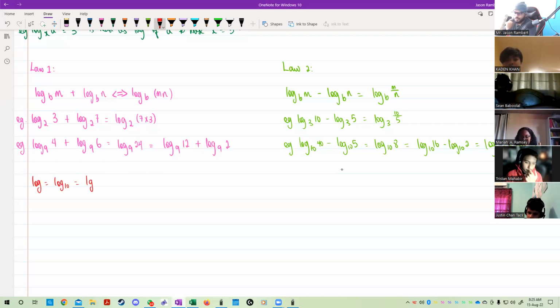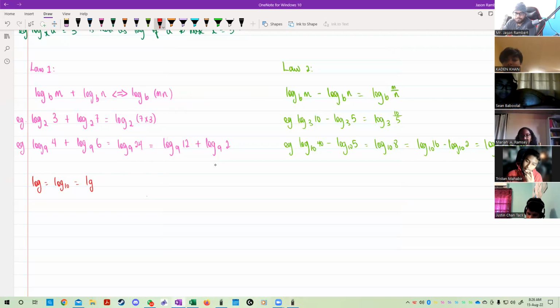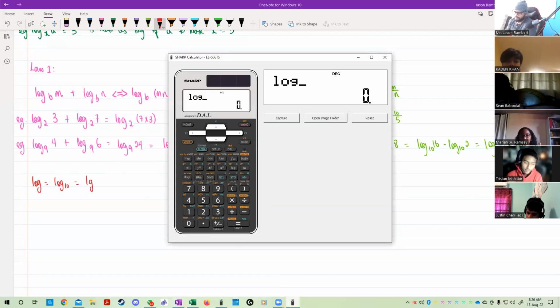So when I press this on my calculator, bam, this is log to base 10. On certain calculators, I can input a specific base, but on 99% of the calculators you will use, log is log to base 10.